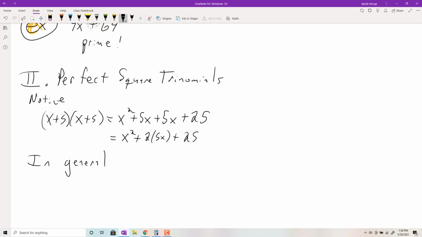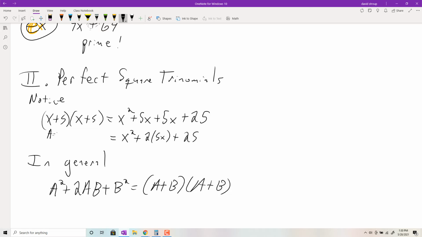Okay, so in general, if you have something like a squared plus 2ab plus b squared, that's going to equal a plus b times a plus b. So in my example that I started with above, the a is x and the b is 5.